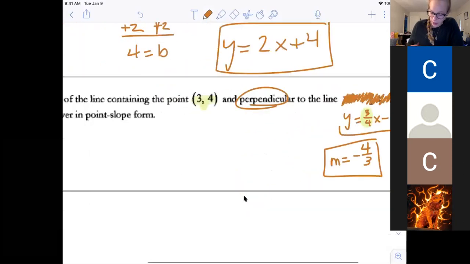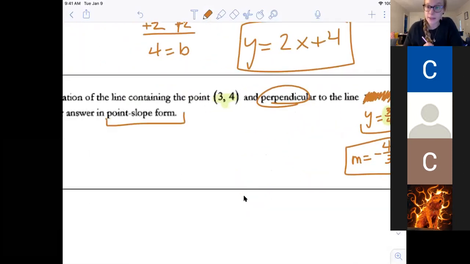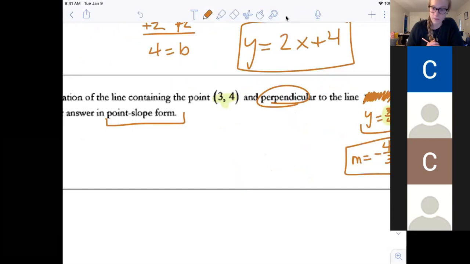All right, now I need to put this in point slope form, and it's easiest to just put it right in that form. What is my point slope form? Can someone help me with that? Isn't that y equals mx plus b? Nope, that's slope intercept. Point slope's the other one.